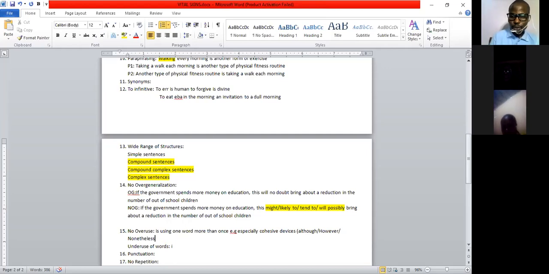So if you use "especially" in one case, you can use "in particular" in another case, and you can use "particularly" in another case. So no overuse of words.